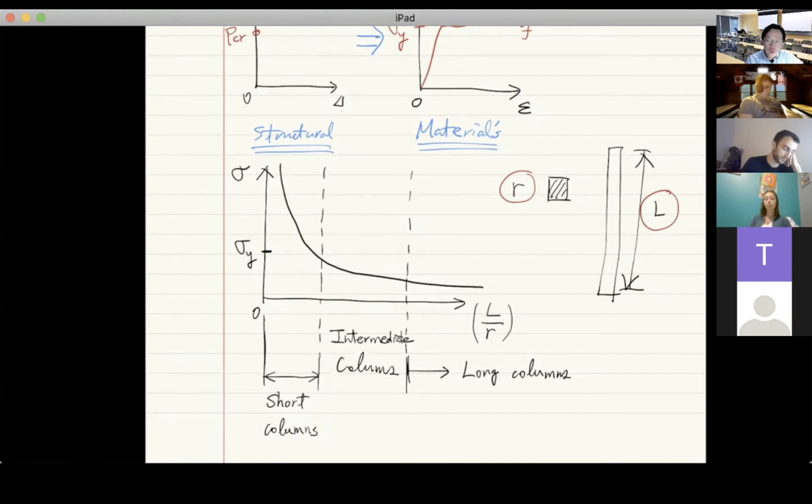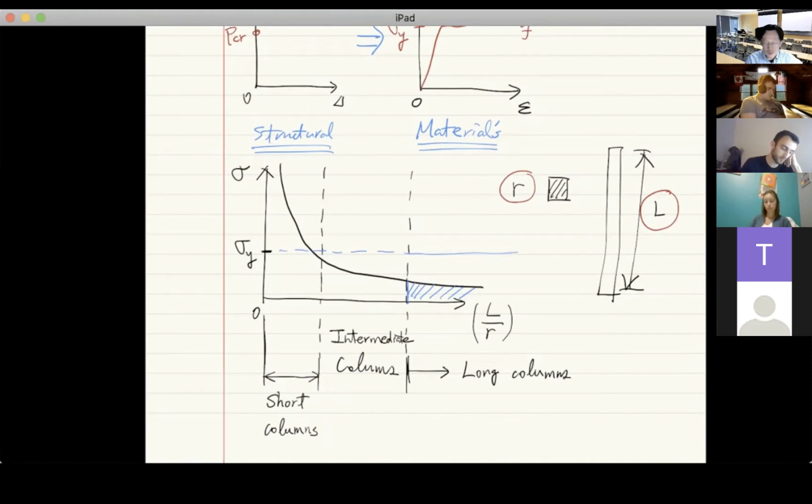Okay, so let me recap first. When I said for long columns buckling dominates, that means in this region, there won't be any yielding because this stress is way below the yield stress, right? That means for long columns, when the column fails, everything in the cross-section is still within the elastic range.